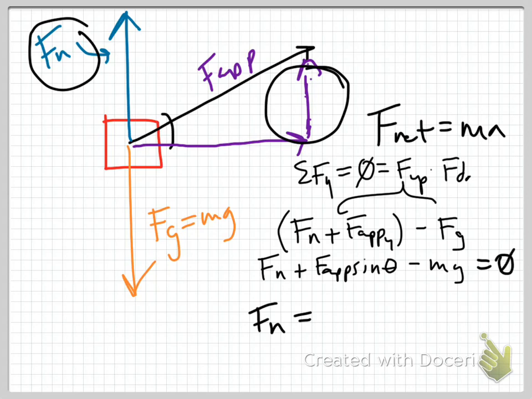So normal force equals mg minus F applied sine theta. In essence, you're helping the floor out because you're applying an upward force on that object. The floor has to push less hard on it in order to overcome gravity.